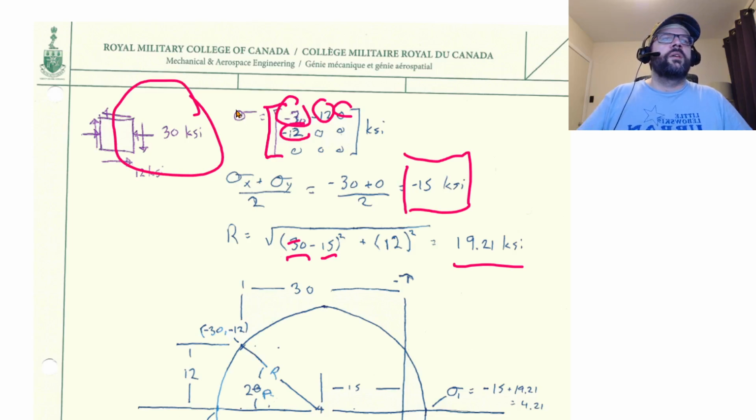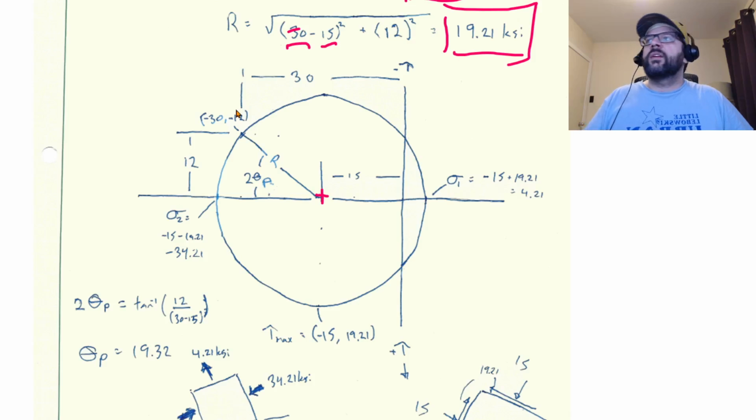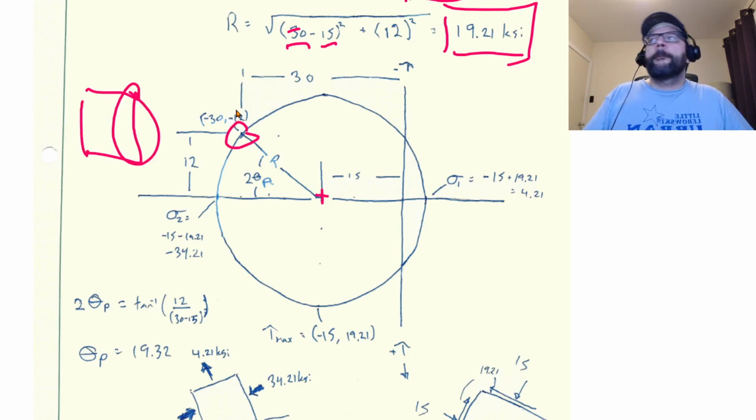So again, our negative 15 is the center of the circle. We calculated the radius, so we can draw our circle. This is the point we know on the positive x face. Based upon that, we can figure out our principal stresses.